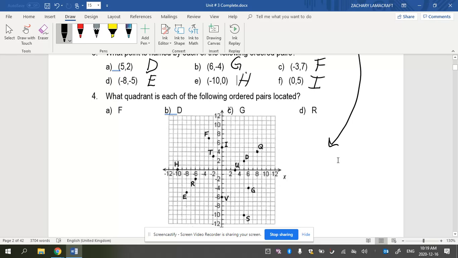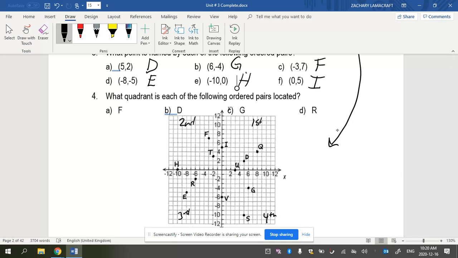And then this question here, for what quadrant is each of the following ordered pairs located? So in this case, remember this being the first quadrant, this being the second, this being the third, and this being the fourth. We can look at the following.